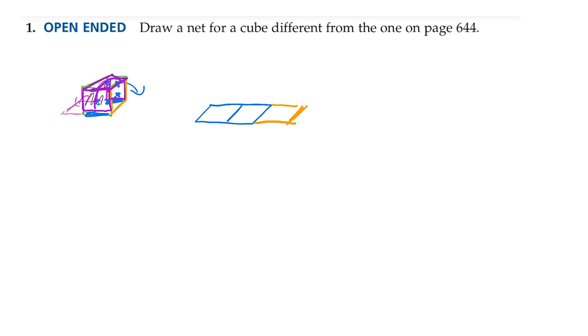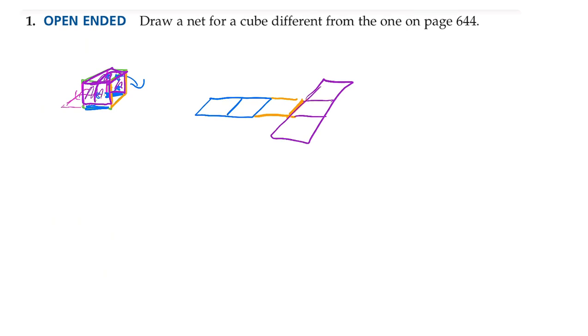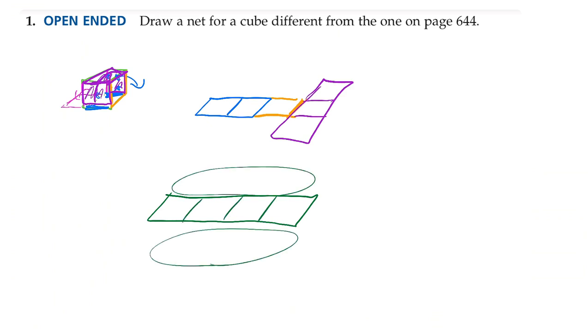So these 3 faces would be left right here. So that's one. Another one is basically any representation similar to that. As long as I have these 4 faces like this, I could have the 2 lateral faces anywhere on these 4 and anywhere on these 4. So I could have one be like this and one be over here. That's another net for it.